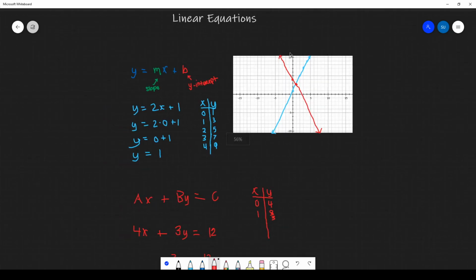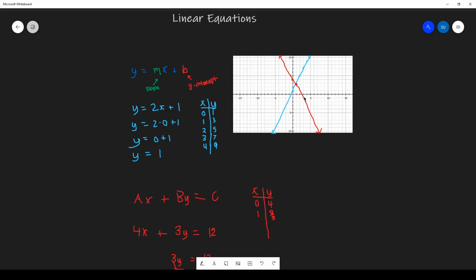So the reason why this line is going in the opposite direction is because the slope in this case is negative. Whenever the slope is negative, the line is going to decrease from left to right, or rather we could say the line is going to increase from right to left.